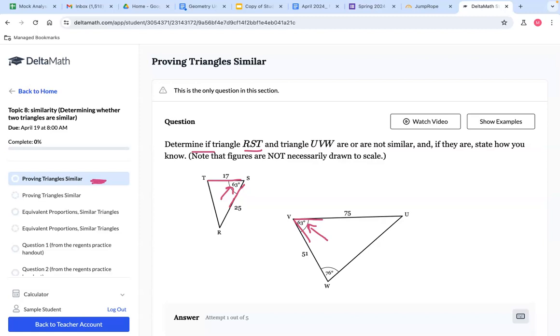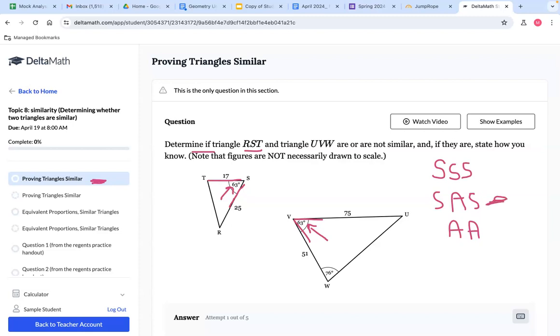So we have to ask ourselves, are these two triangles similar? And if so, by which method? You've learned three methods today: side, side, side, side, angle, side, and angle, angle. This is probably side angle side, but we have to check.